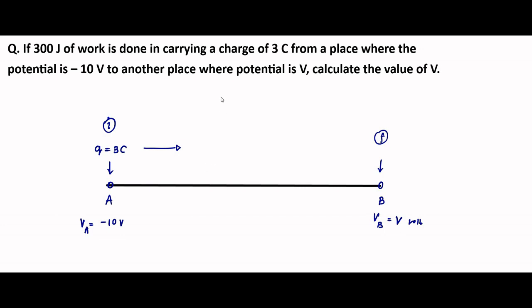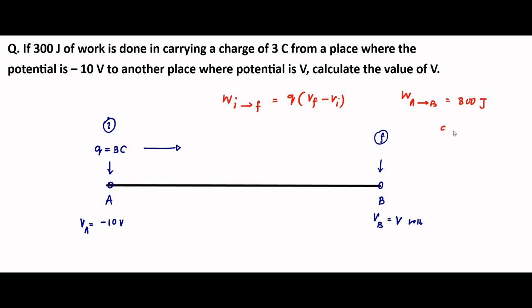We know that the work done in bringing a charge from an initial point to a final point is equal to the charge times the final point potential minus the initial point potential. Here the work done in moving the charge from A to B is given as 300 joules.